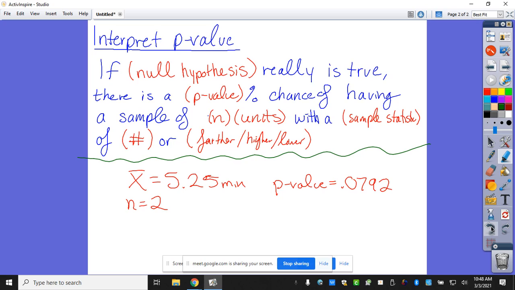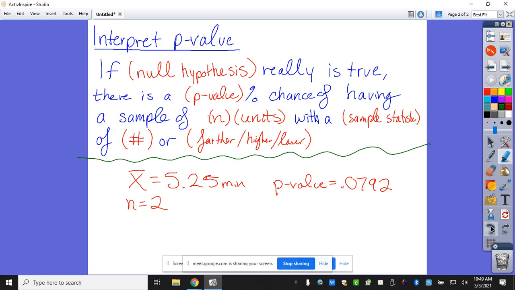So this would be if it really is true that the mean concentration of ammonia nitrogen is 2.3 milligrams per liter. You could write, if H sub 0, mu equals 2.3 milligrams per liter really is true, there is a 4.56% chance of having a sample of 8, what was this one talking about? 8 samples with what's our sample statistic word?